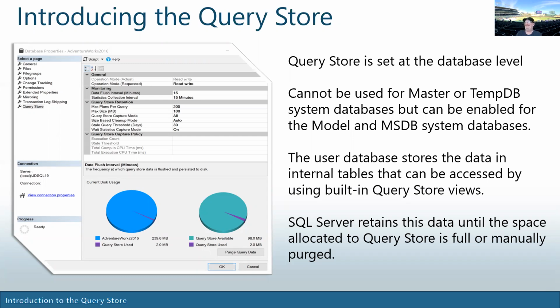So it is at the database level. On your secondary server, you can't capture any information, and I know a lot of people have brought that up as maybe sometime in the future. It's mainly just for user databases. The data is stored in the database in internal tables.